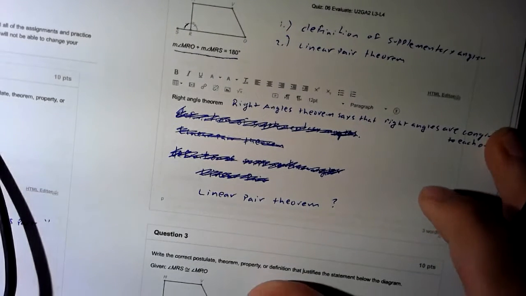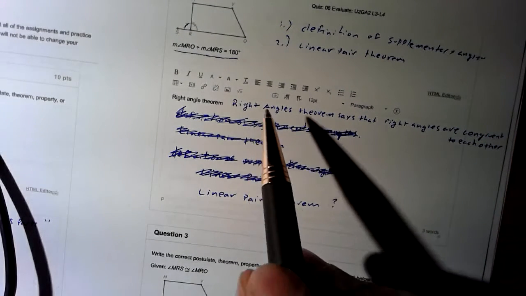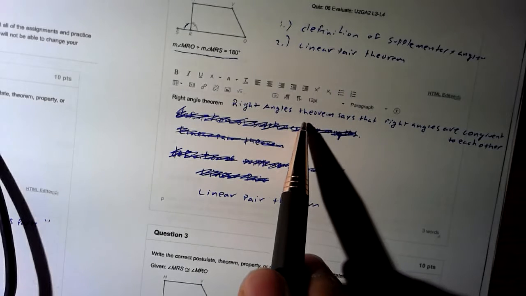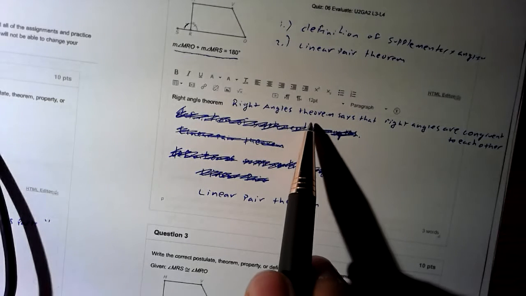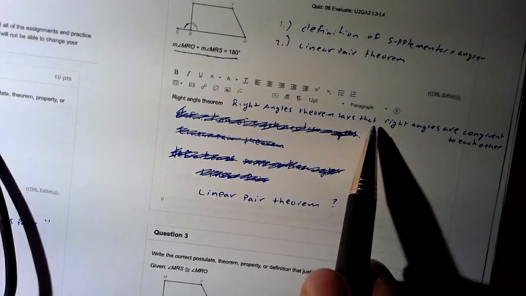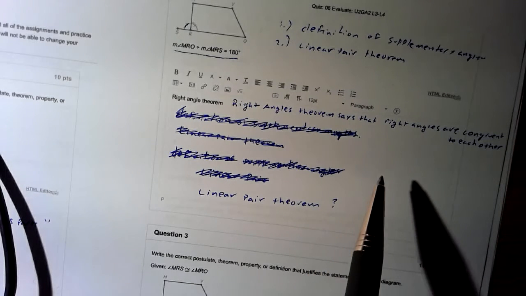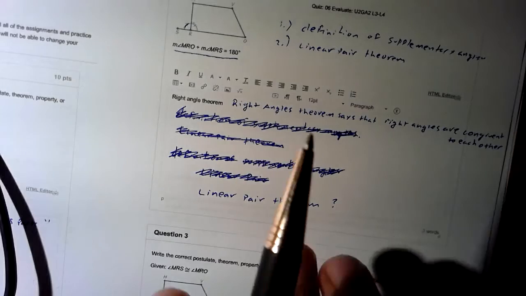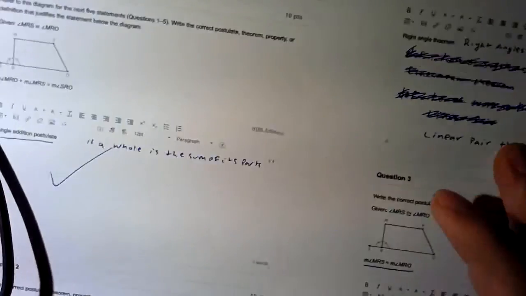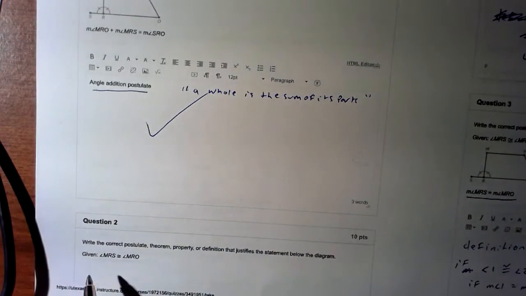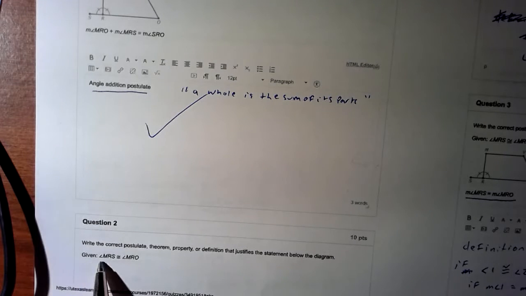There are some subtleties here that we need to pay attention to. First of all, we can't say that we're using the right angles theorem. Why not? Because the right angles theorem specifically says that right angles are congruent to each other. We already know that the two angles are congruent. We come back over here, and the given says angle MRS is congruent to angle MRO.